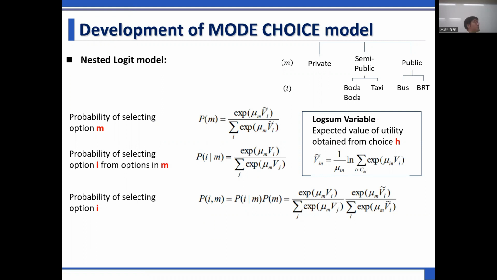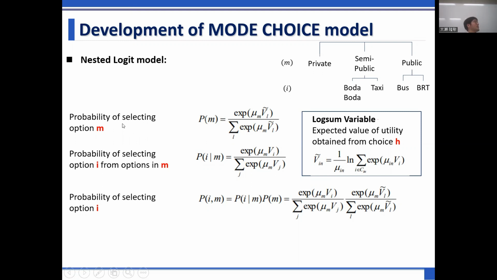Then this figure shows the case where you classify the modes in these cities, for example, private car, semi-public transport, including the boda and the taxis, and public transport, including the public bus or matatu or BRT.